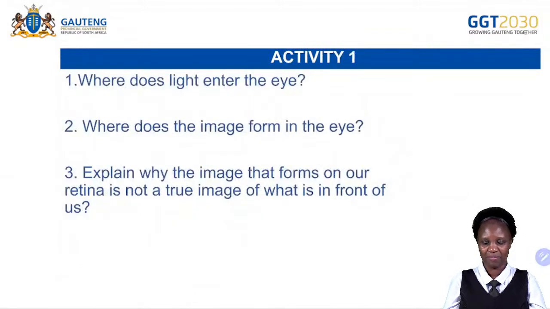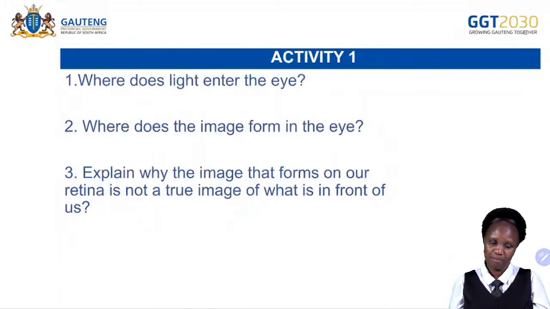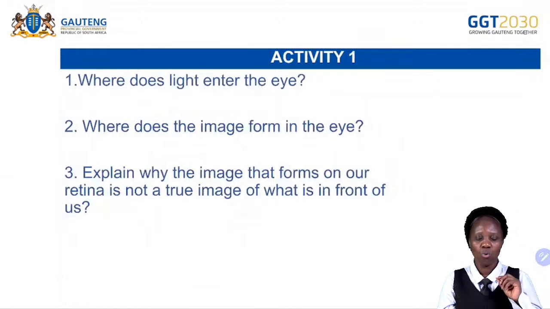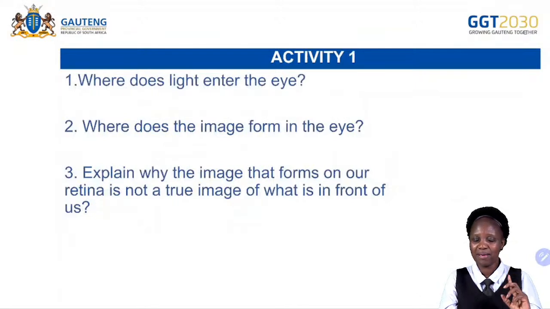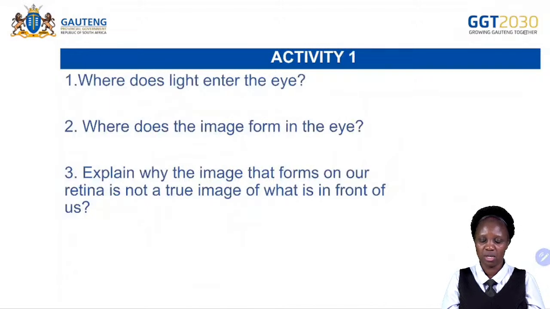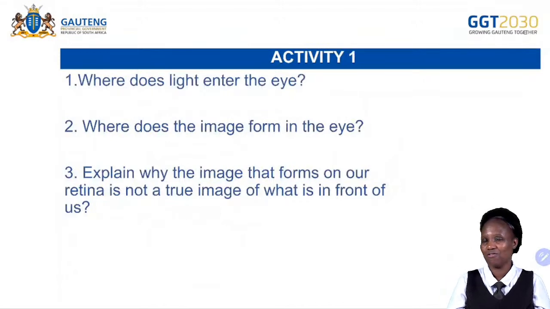Then we're going to have our first activity. This is activity 1, grade 8. Question number 1 says, where does light enter the eye? Question number 2, where does the image form in the eye? 3, explain why the image that forms on our retina is not a true image of what is in front of us.